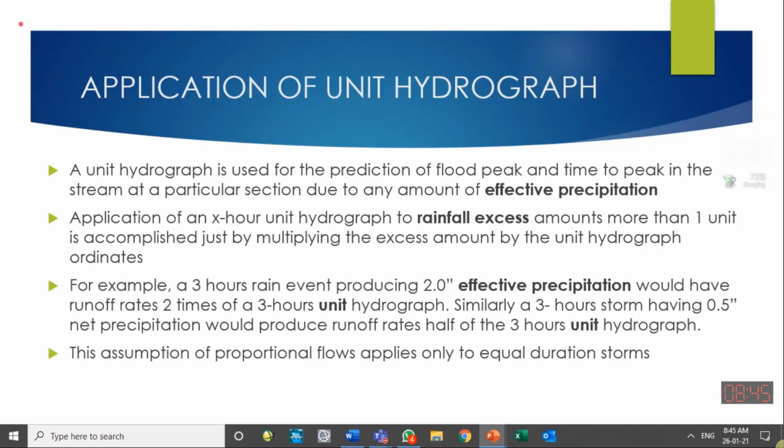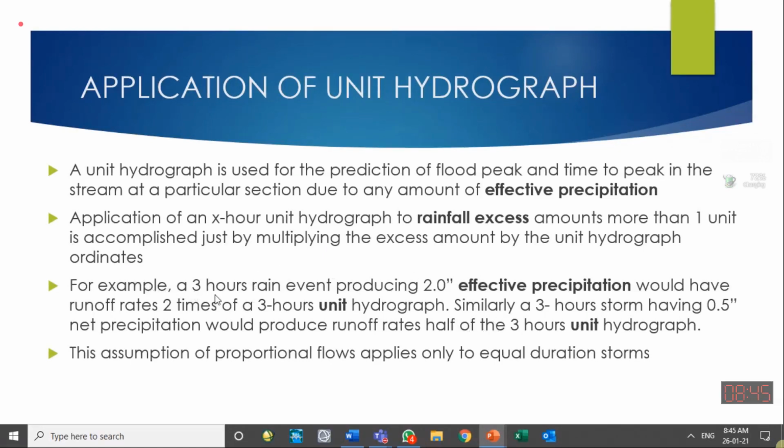So it is simple. We multiply the ordinates with the rainfall values of our interest, if it is other than 1 inch. If it is 1 inch, take the unit hydrograph as the direct runoff hydrograph. So that is how we use it.